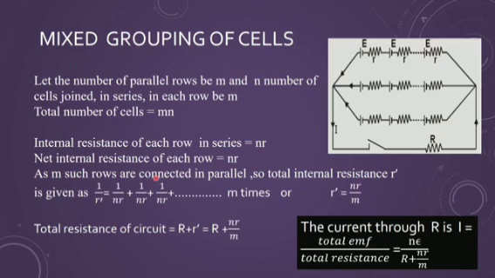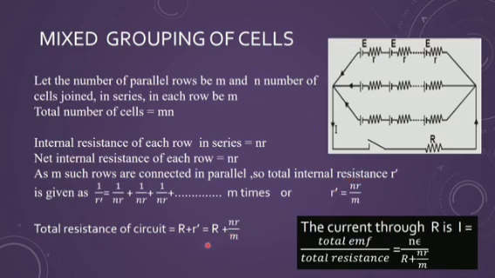If there are m such rows in parallel, the internal resistance r dash will be nr upon m, simply by using the formula for parallel combination: m times I have to take 1 upon nr. So this is the internal resistance for this whole combination, series and parallel.